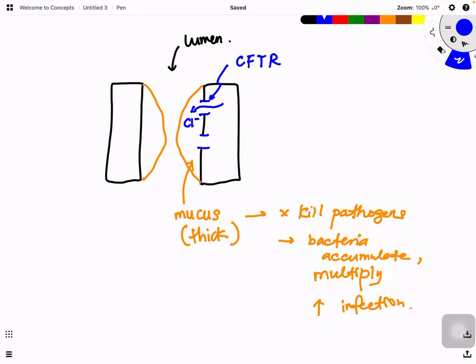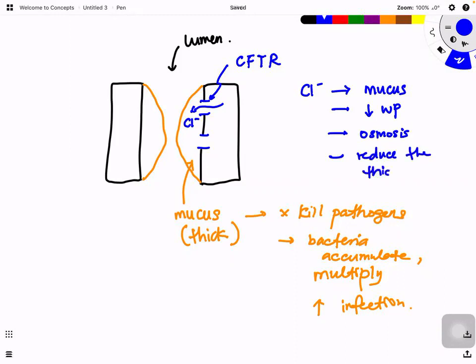When the chloride ions move into the mucus, it reduces the water potential, so osmosis takes place. Then we can reduce the thickness of the mucus. The water molecules follow, making the mucus not so thick.